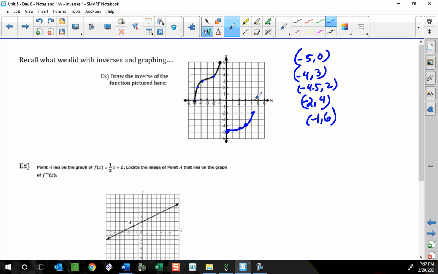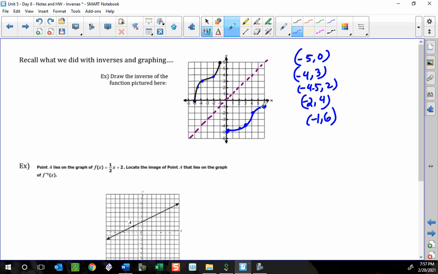So I do 6, negative 1. So that's coming up to there. Okay, and so also remember this is a place where you can draw that line y equals x across the middle, and everything should be symmetrical. You see how it follows the same curve there, symmetrical over this line right here.